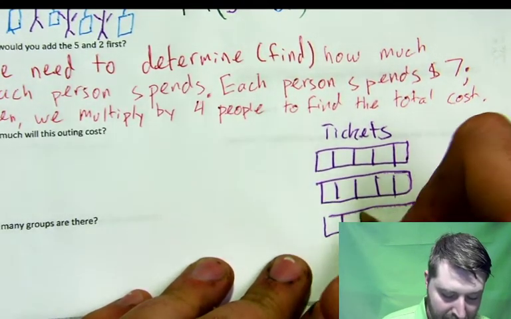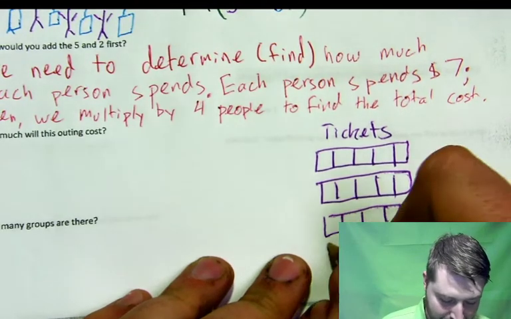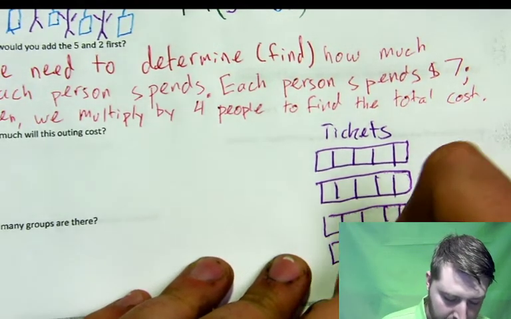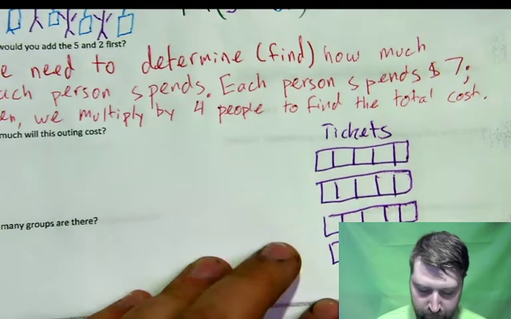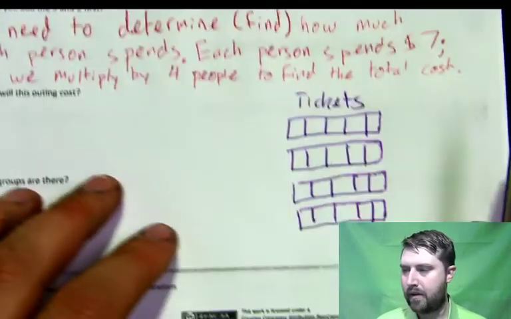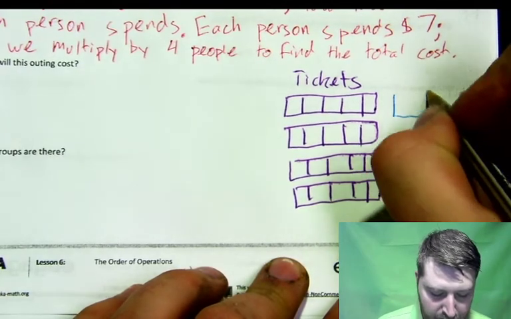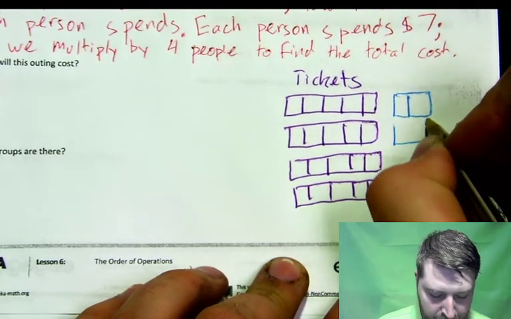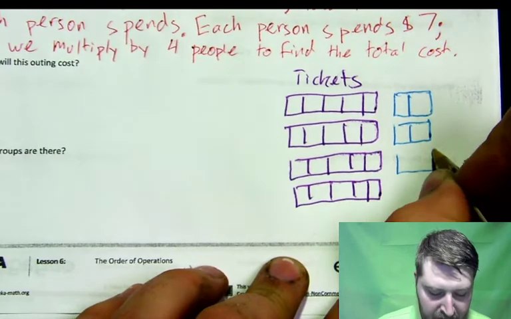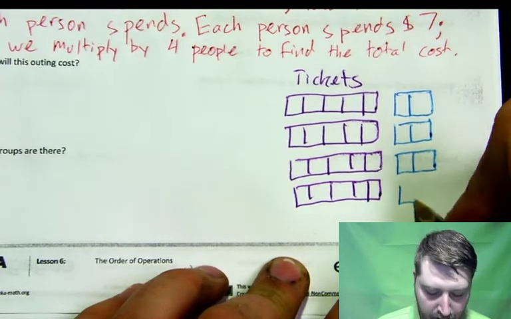Sorry, 4 tickets. They're $5 each. But this time, we also have 4 sodas because each person is getting a soda. In this problem, each box represents $1.